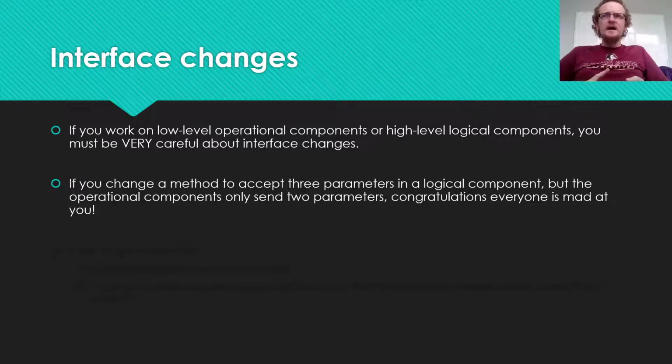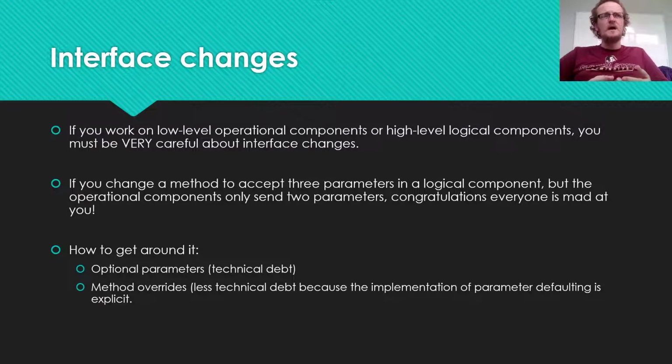So interface changes are probably the number one place where you can see breaking changes in production-level code, and there are tons of ways around it, and lots of best practices. Basically every high-level language that you could possibly think about at this point has optional parameters. So if you wanted to add a third parameter, you would maybe want to make that third parameter optional so that anybody calling with 2 parameters in a legacy situation would still be supported.